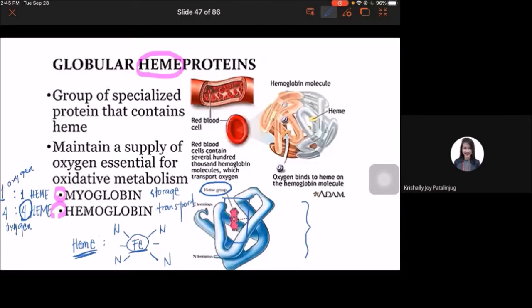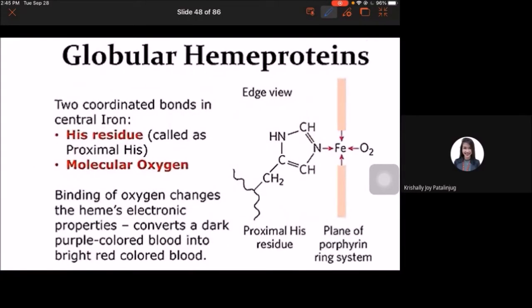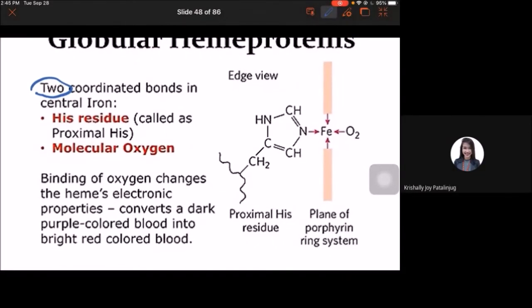Now, I have told you earlier that the iron atom has 6 coordinated bonds, right? Now, yung 2 remaining coordinated bonds ng central iron, it is consist of the histidine residue, or that histidine residue is also known as proximal histidine residue.